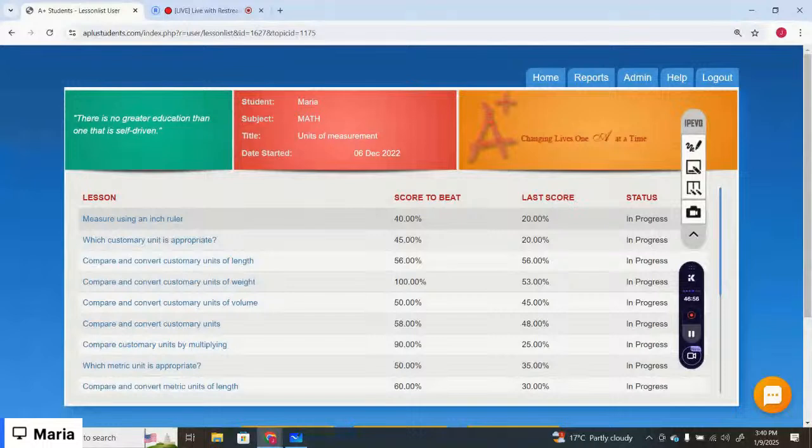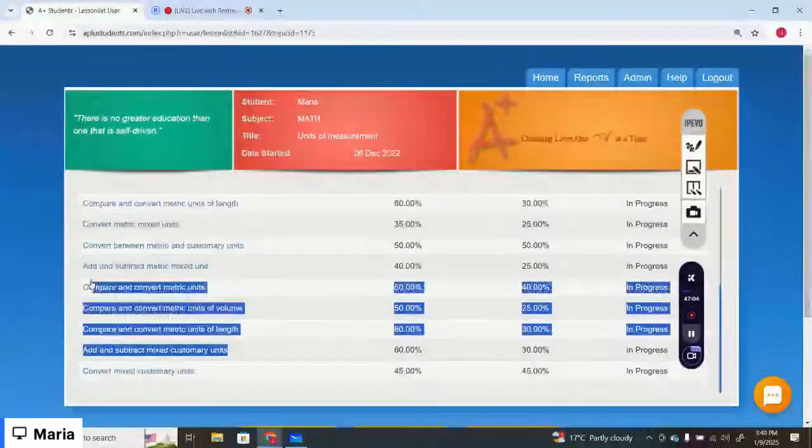The lessons we have covered today are compare and convert metric units, compare and convert metric units of volume, compare and convert metric units of length, add and subtract mixed customary units. And the one we have left is convert mixed customary units.